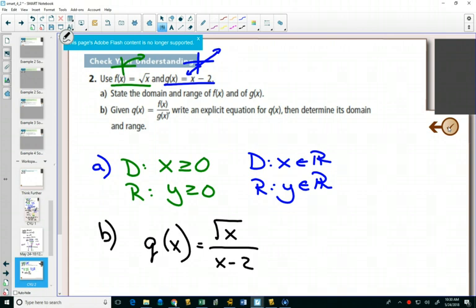The domain for this one, again, look at your explicit equation and say, are there any restrictions? Yes. You can't take the square root of a negative. So the domain of this one will also be x is bigger than or equal to 0. But we also have a non-permissible value at 2. So we have to add to our domain that x can't equal 2.